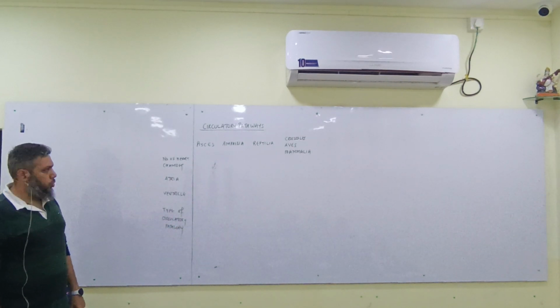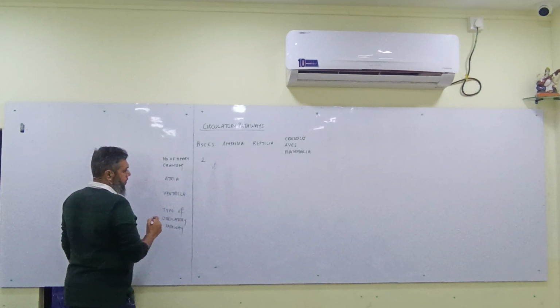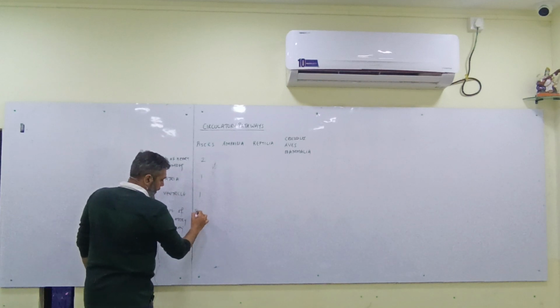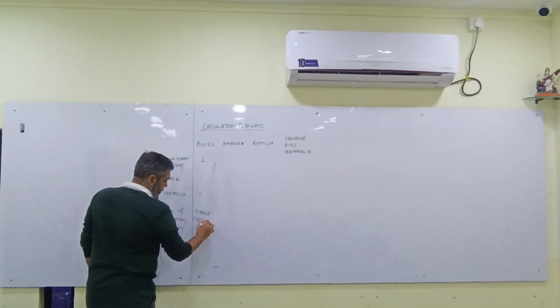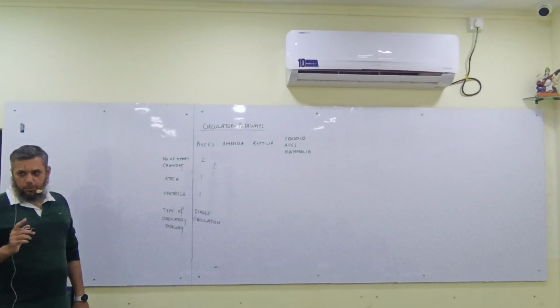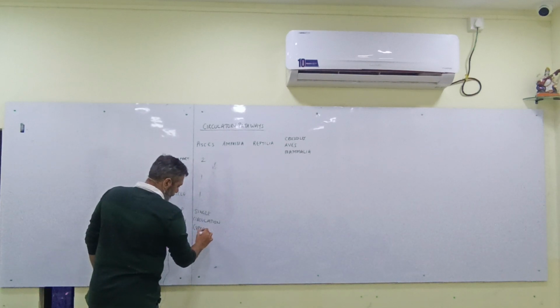Okay? So in the case of Pisces, there are two heart chambers with one atria and one ventricle, and the circulation is called single circulation. And the type of heart in fishes is called a venous heart.